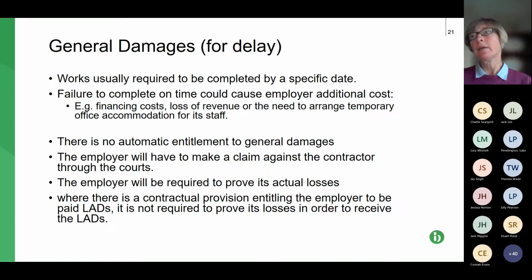More likely, there's a risk that the contractor might cause delay. It should have completed work, but for whatever reason, it didn't organise its staff well enough, it didn't have its subcontractor ready in time, all those things.